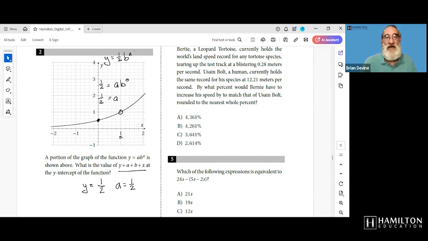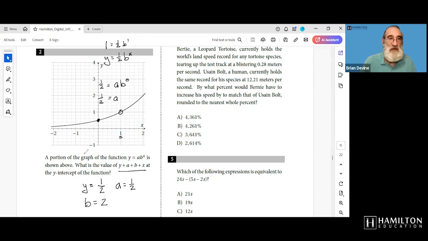And the only way we can have that is that when x equals 1, that would be b to the 1, which would be b, which would mean now that b must equal 2. Because 1 would equal 1/2 b to the 1. Multiply both sides by 2, and you got b to the 1 is 2, pardon me, b is 2.